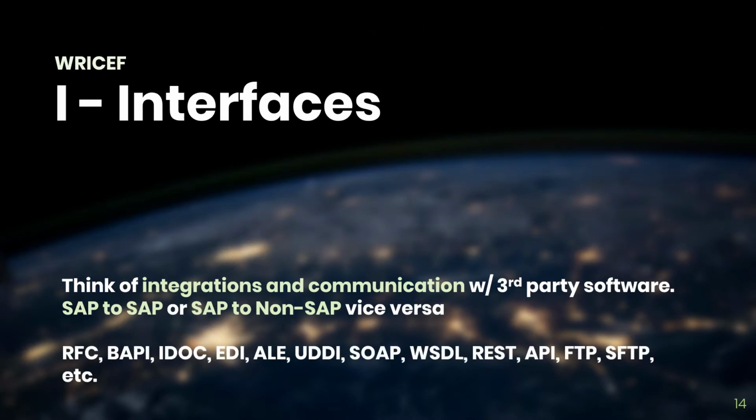So these are just some examples that fall under interfaces. For example, when we say BAPI, IDOC, EDI, REST API, SFTP, these are just some examples that involve communication from one system to another. I will leave a link down below if you're interested to know the difference of these acronyms.